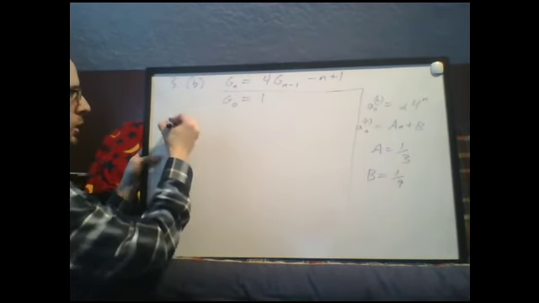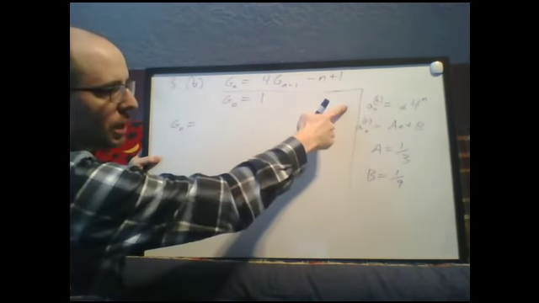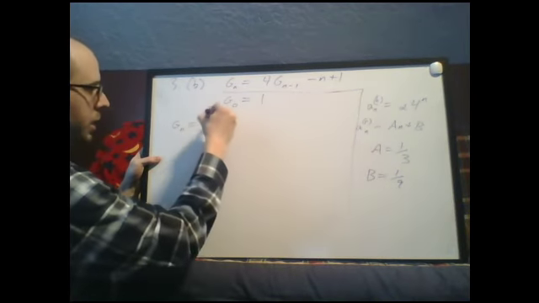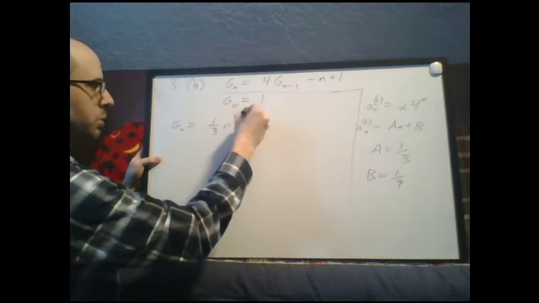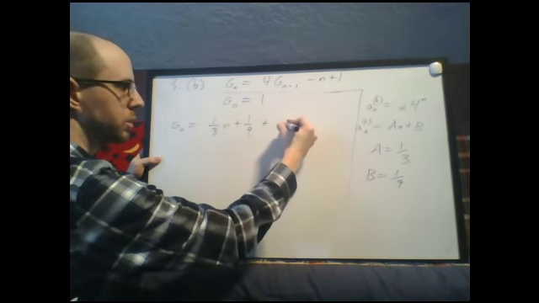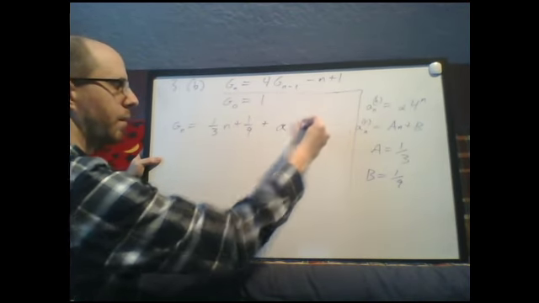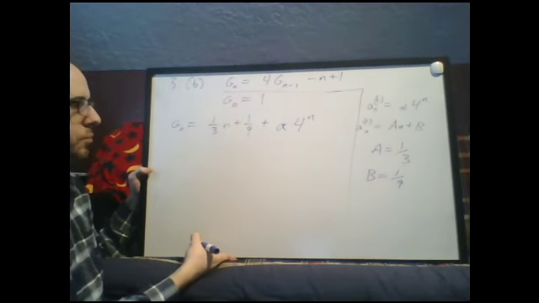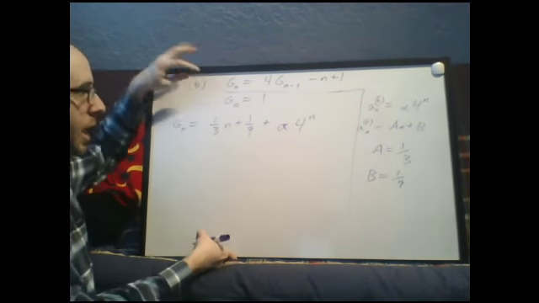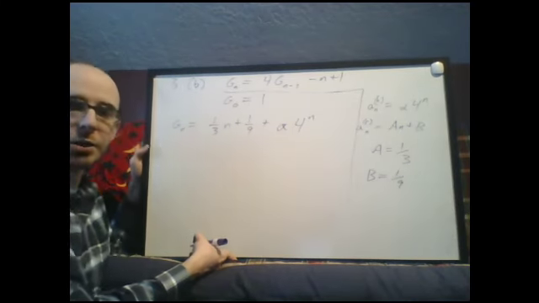So now our solution for Gn is our homogeneous part plus our particular part. Let me do the particular first. It'll be 1/3 n plus 1/9, then plus our homogeneous solution, alpha times 4 to the n. So this would be the collection of every sequence that satisfies this recurrence relation. Now we want to make it so it satisfies the correct initial condition.